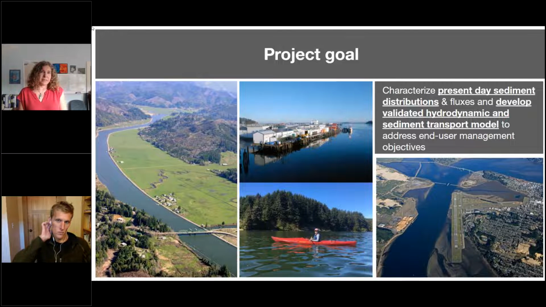So this included creating and validating a 3-dimensional hydrodynamic model, characterizing estuary circulation patterns over seasonal cycles, identifying present-day sediment distribution, and predicting how sediment deposition and accretion might change from both natural and human-induced causes.